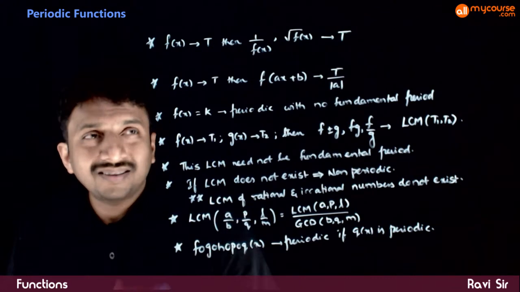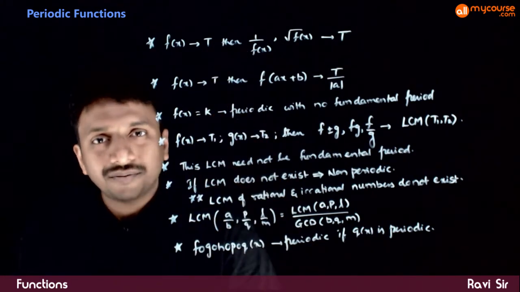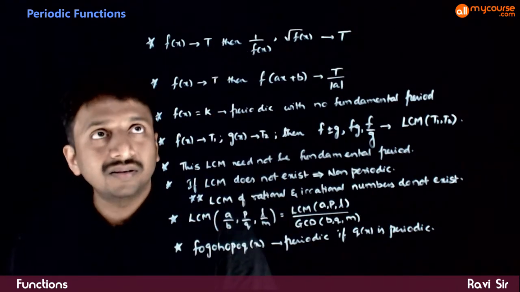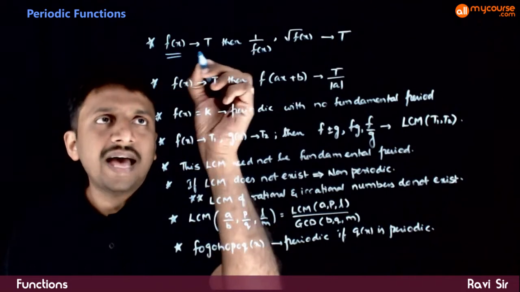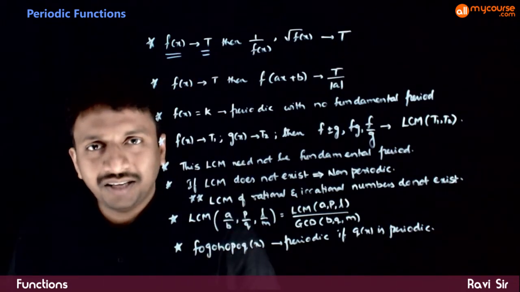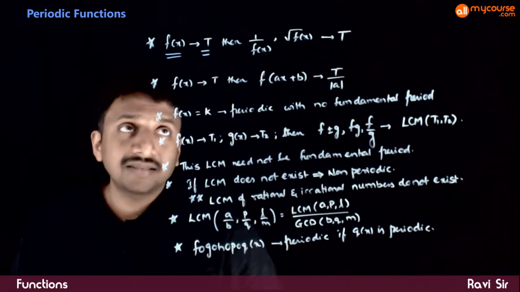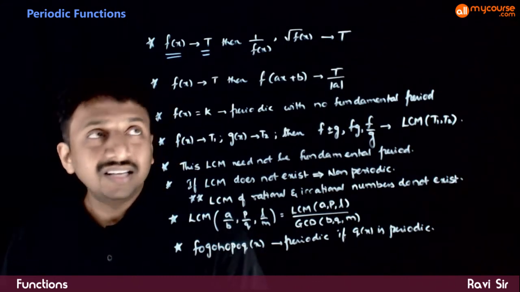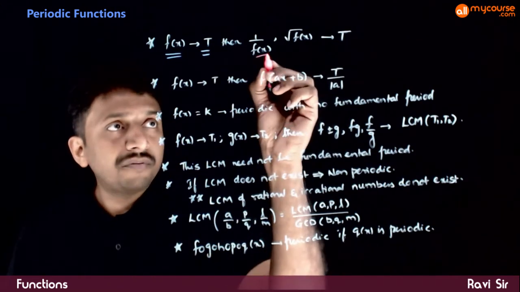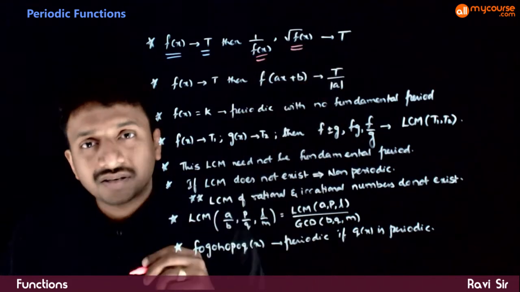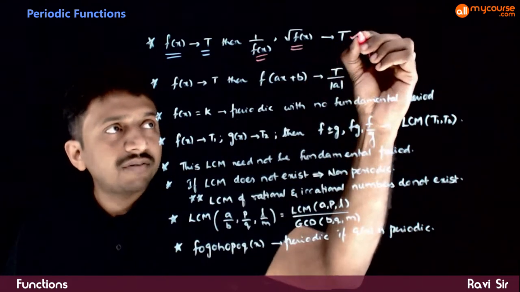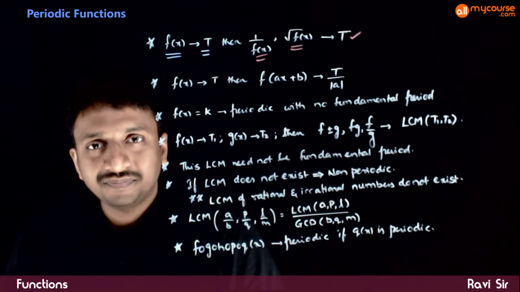Now let us look at specific properties of periodic functions. If f of x has a period of t, then 1 by f of x, root f of x, and so on, also have a period of t.